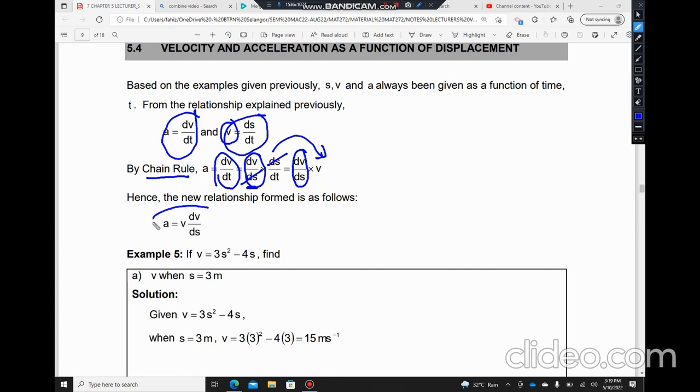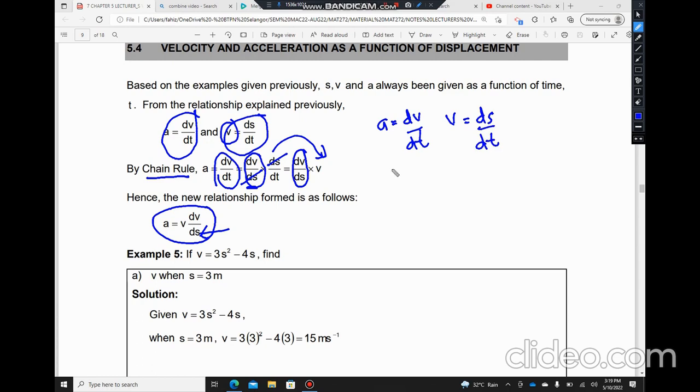So kita akan dapat satu relationship baru yang mana kita dapatkan acceleration dalam sebutan as a function of displacement. So kalau orang tanya dari mana dapat ni, okay, daripada saya terangkan balik, A is dv dt and then V equals to ds dt.